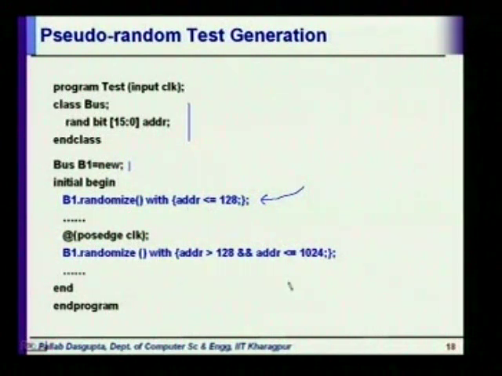And you can give more complicated constraints also, like B1 dot randomize with ADDR greater than 128 and ADDR less than or equal to 1024. If you have more than one data item here, your constraints can involve more than one data item also. So you can say that this plus this is greater than that plus that, right? You can do that. So it employs a full constraint solver inside to generate the random values corresponding to that.